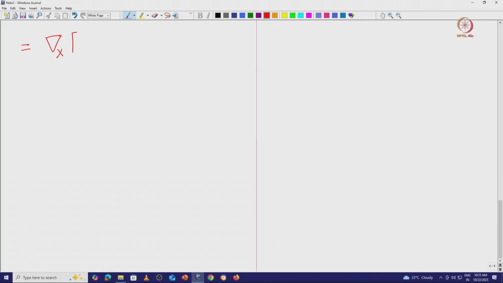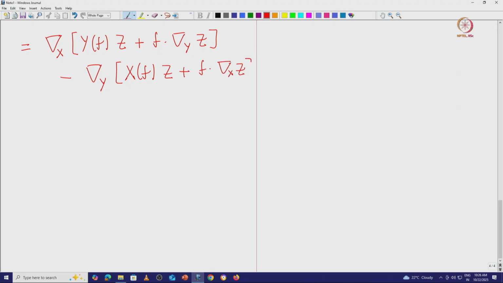So the first term is basically nabla Y of fZ. Nabla Y of fZ is simply this plus f times nabla Y of Z. Similarly for the other term, and then the Lie bracket terms. Okay, but again you apply the Leibniz rule.